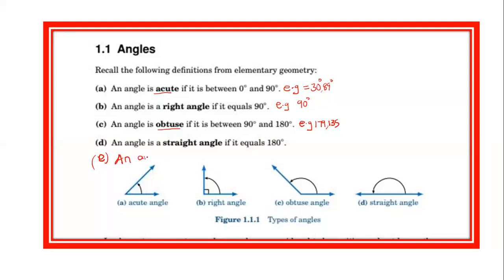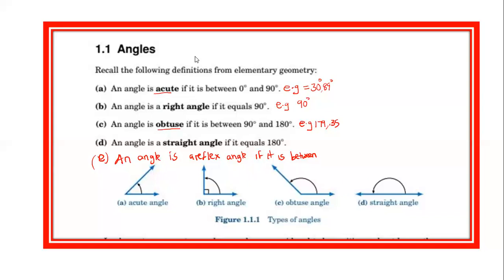An angle is a reflex angle if it is between, who can tell us in the chat again? An angle is called a reflex when it is between, I'm waiting in the chat.